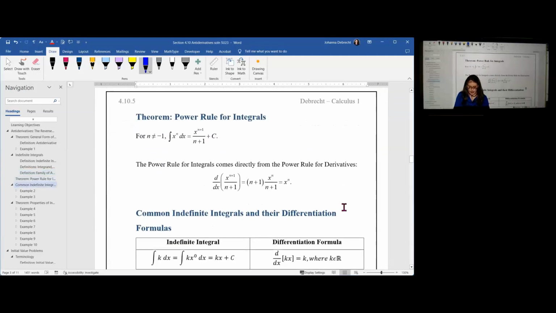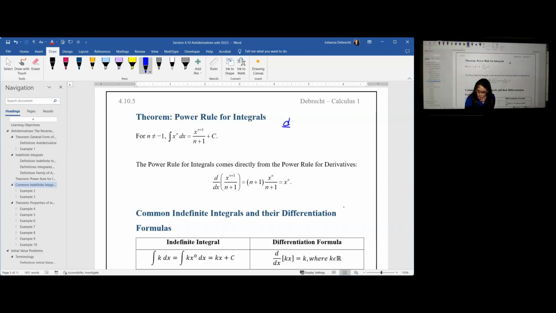We want to talk about the power rule so that we can evaluate some basic integrals. We'll be spending a lot of time in the rest of this semester and also in calculus 2, learning how to integrate various integrands. When we think about undoing the derivative, let's remind ourselves of what we do when we take the derivative.